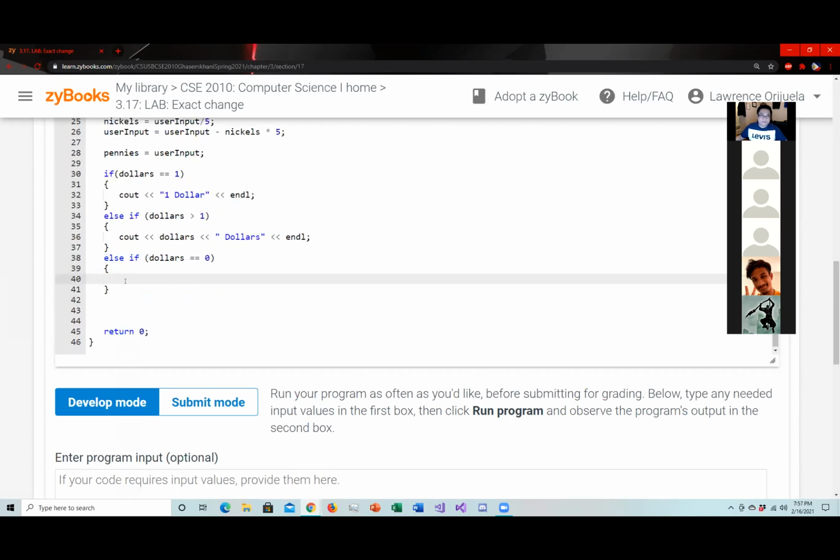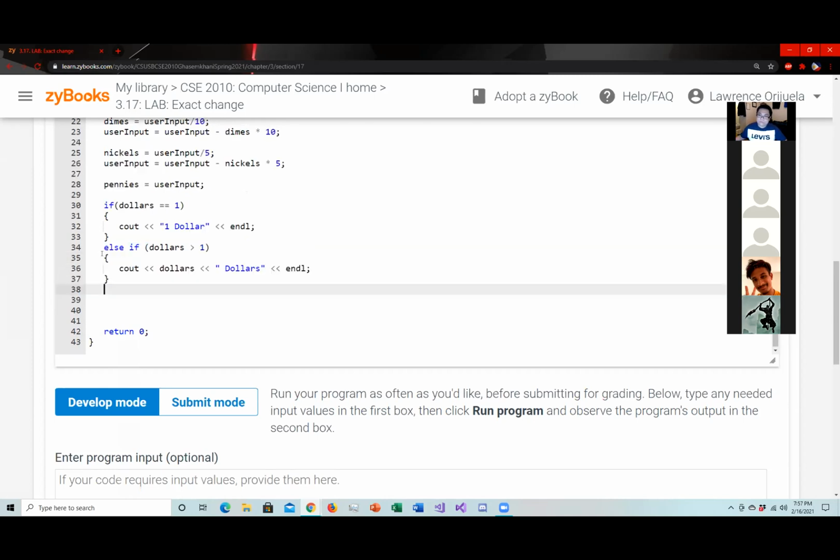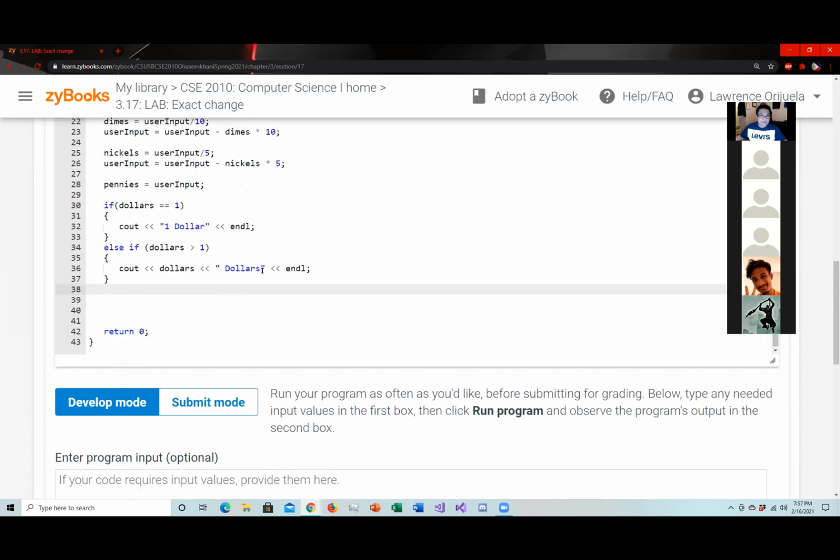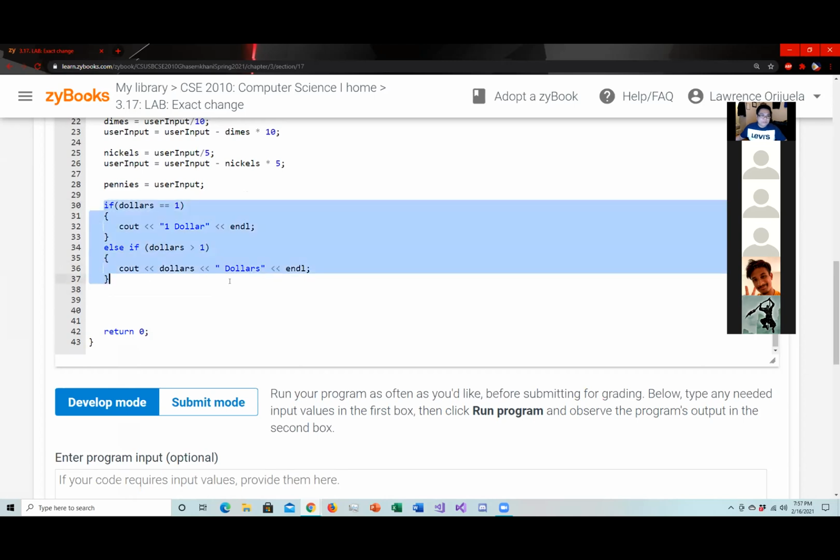Because this wouldn't do anything, I could just erase this completely, right? Yes. So this is the code that we wrote for dollars, right? We can repeat the same thing for quarters, dimes, nickels, pennies.